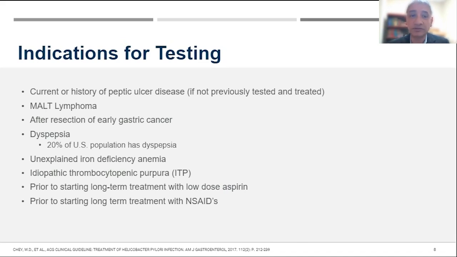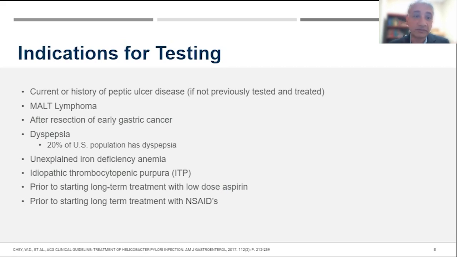So it is important for individuals who are about to start low-dose aspirin, for instance, when people develop heart disease or they have risk factors for heart disease or stroke, and they need to be started on low-dose aspirin, those individuals, if they have underlying H. pylori infection, could potentially end up with two independent risk factors for ulcer disease that can synergistically increase the risk of ulcers. So for this reason, it's important to evaluate for and to eliminate one of those risk factors to reduce the long-term risk of ulcer disease.